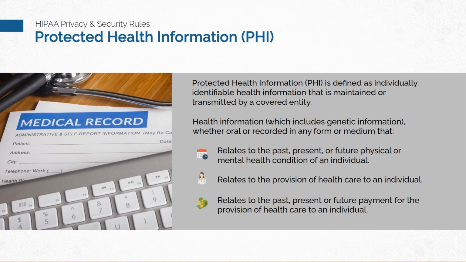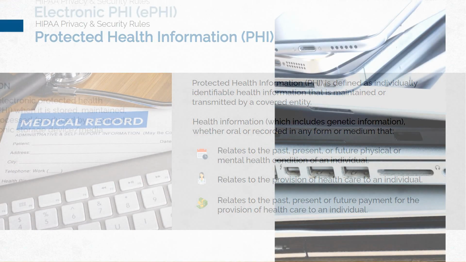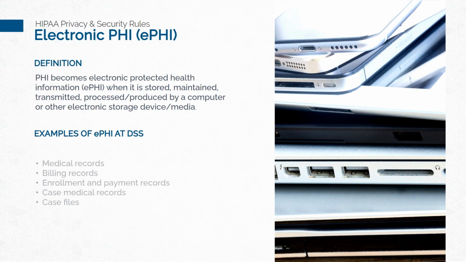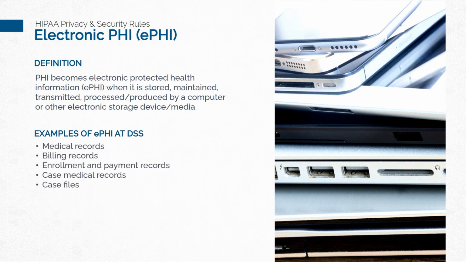If you are unsure if a piece of information is PHI, please contact your supervisor or division's privacy officer. A list of each division's privacy officer and their contact information can be found in the Resources tab of this course. PHI becomes ePHI when it is in an electronic format. Examples of ePHI that DSS workforce members may handle are medical records, billing records, enrollment, payment records, and health information found in case files, just to name a few.